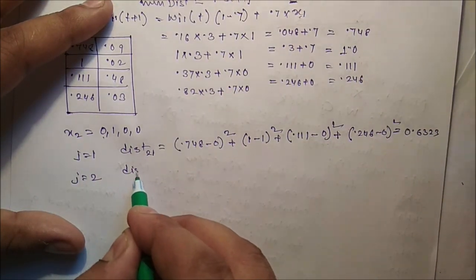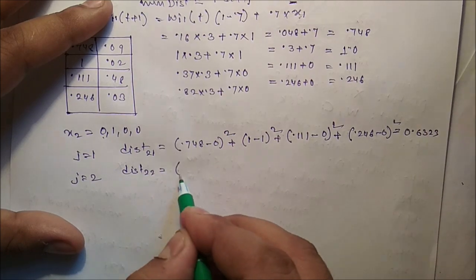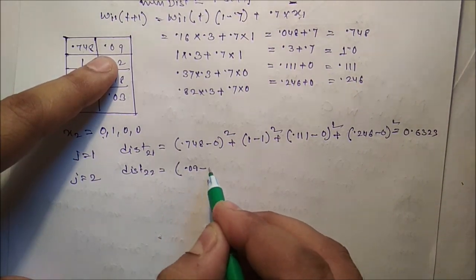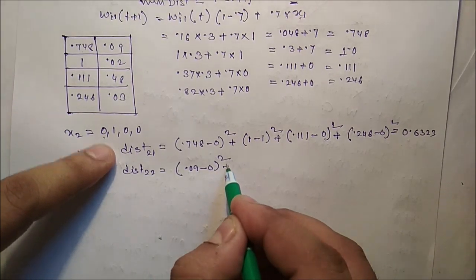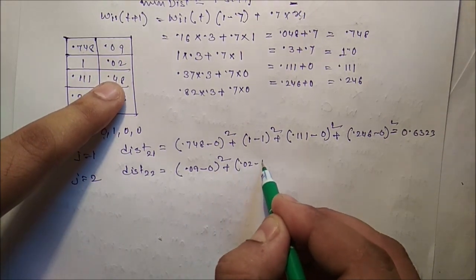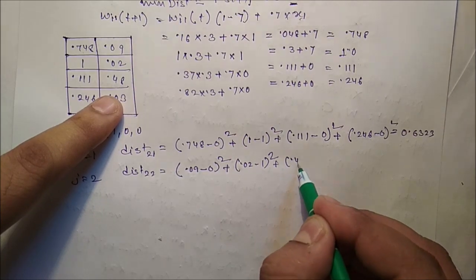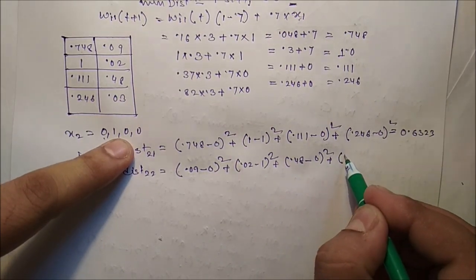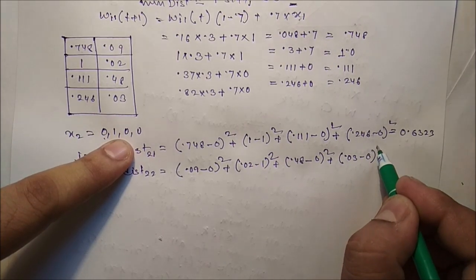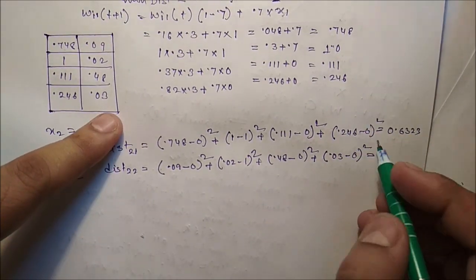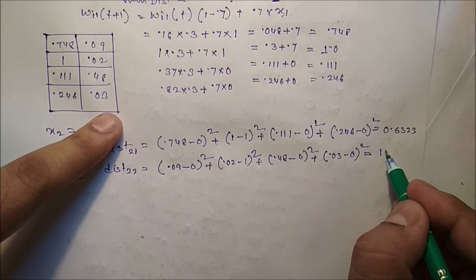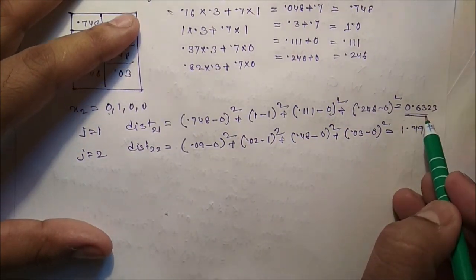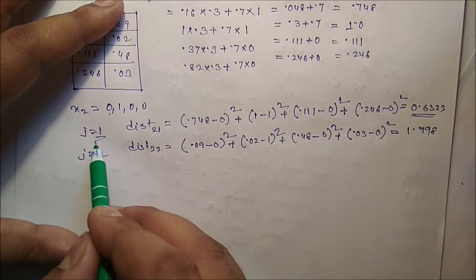Similarly, with the second cluster, it is 0.09 minus 0 square, okay, and its answer is 1.998. Now in this case also, this particular distance is minimum when j is equal to 1.